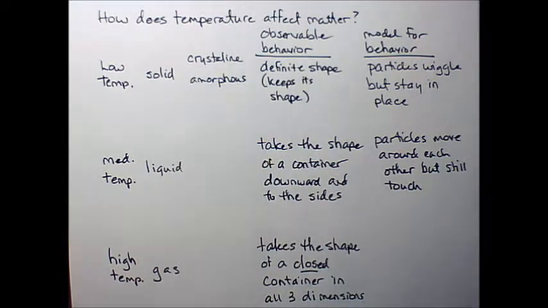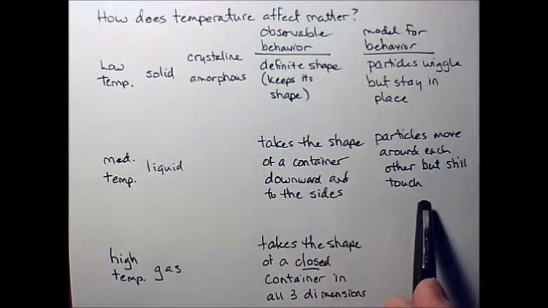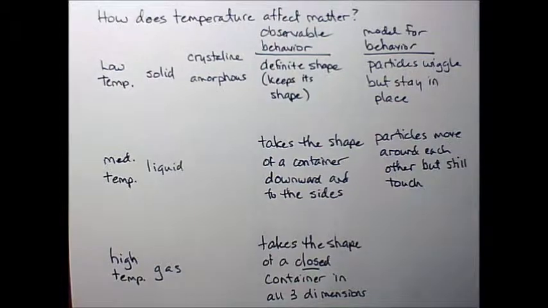Now, what's the difference between that, where the particles are touching and moving around each other, and a gas? They don't touch. It's like the party's really going, and something's happening there that shouldn't be happening, and the cops show up. And everybody starts running. They scatter. So the particles of a gas, except for bouncing off each other and bouncing off the side of the container, don't touch.